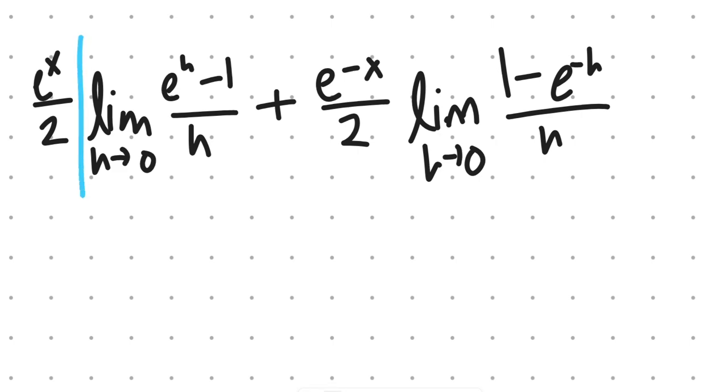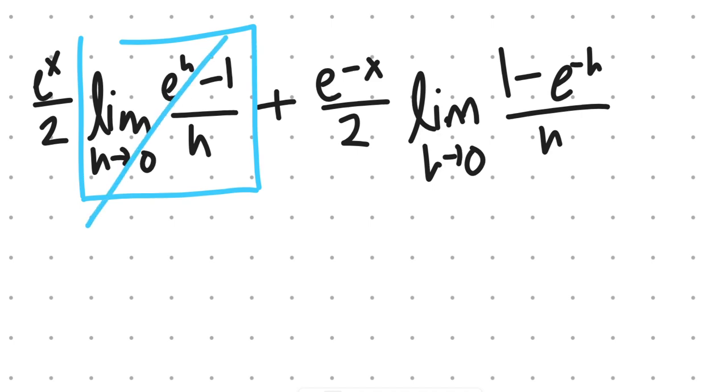When we look at this limit, the limit as h approaches 0 of e to the h minus 1 over h, we considered it when we derived the formula for the derivative of e to the x. We know this limit is equal to 1, so just watch that video to see why.